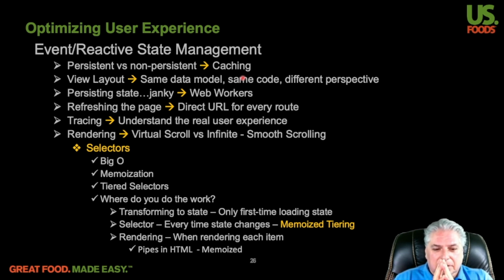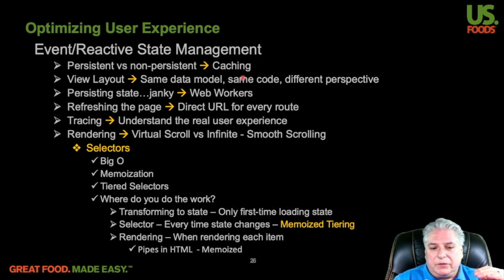Tracing. One of the best things you could do for your application is understand how it's performing for your users. The last thing you want to hear is, hey, customers are saying the app isn't performing well. You need to know the app is performing well before you get that phone call from the customer. So that's where tracing and helping you understand errors that the users may be getting and starting to whittle down that list of exceptions that you may be ranking up there due to some inconsistencies between data or users or whatever.